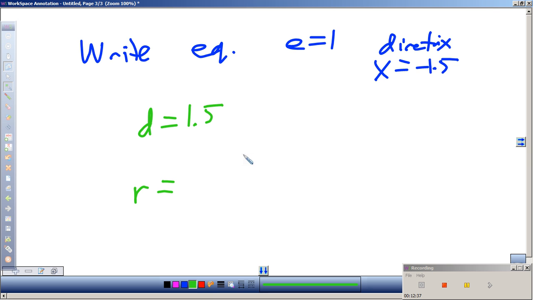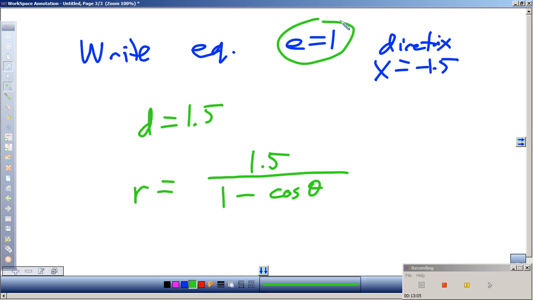Yes. e is 1, d is 1.5. So 1.5 over 1 plus something. What's the shape? A hyperbola? No, because e equals 1, it's a parabola. Fairly easy, right? If e is 1.5, it would be a hyperbola.